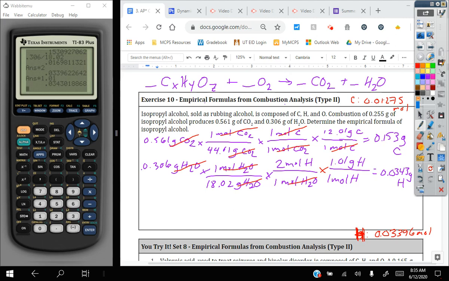Now, in order to figure out the amount of oxygen, I have my original mass of my hydrocarbon, so 0.255 grams. If I know the mass of my carbon and the mass of my hydrogen, then the remainder has to be the mass of oxygen. So I'll subtract these out.